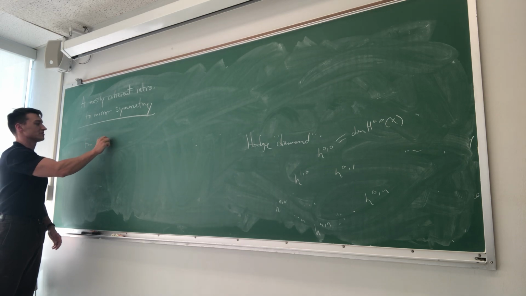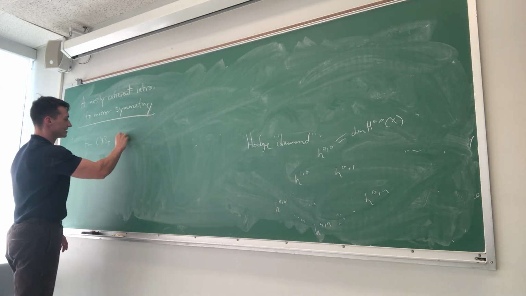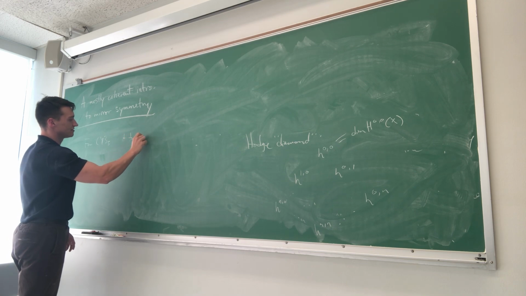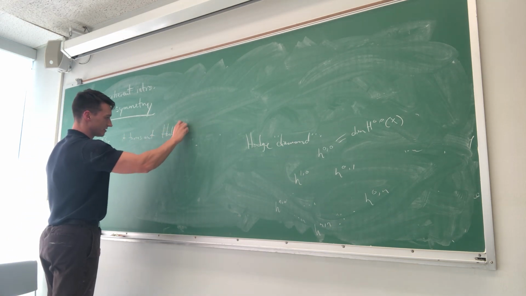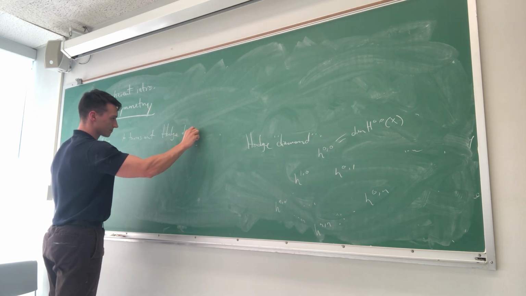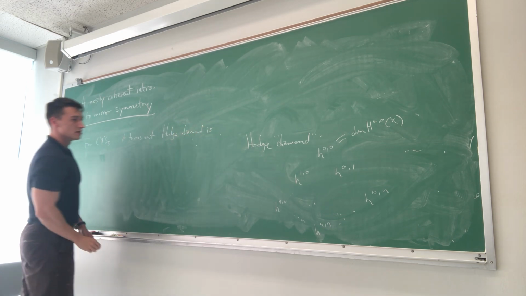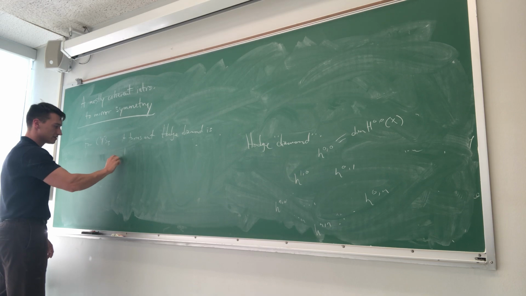For CY3s, it turns out that the Hodge diamond has a very particular form. It looks like this.